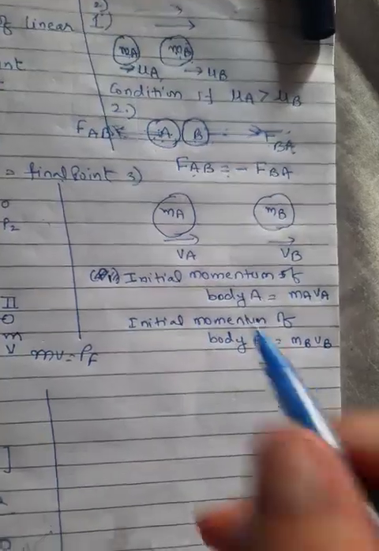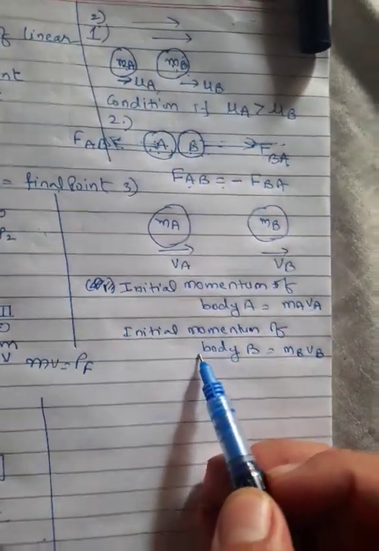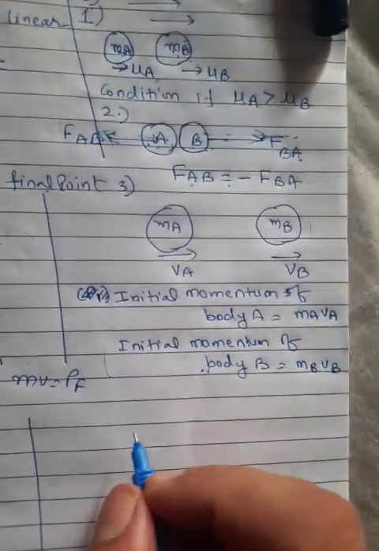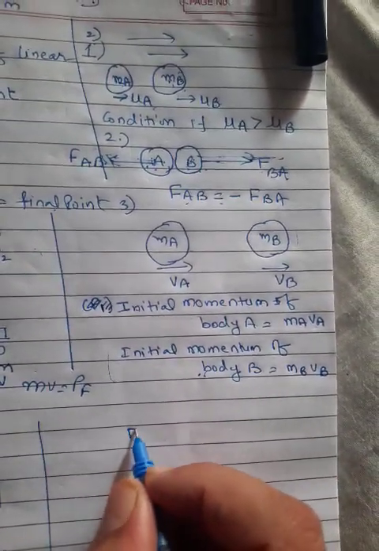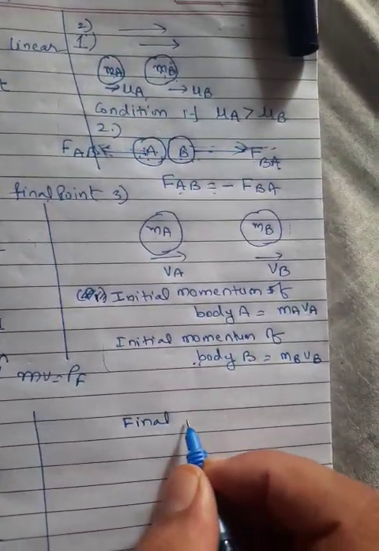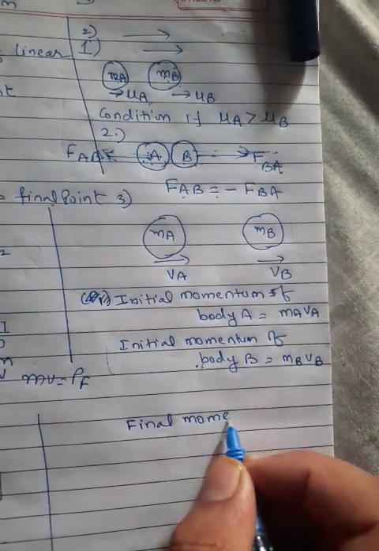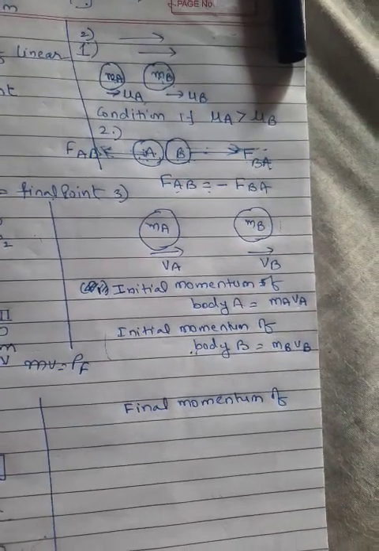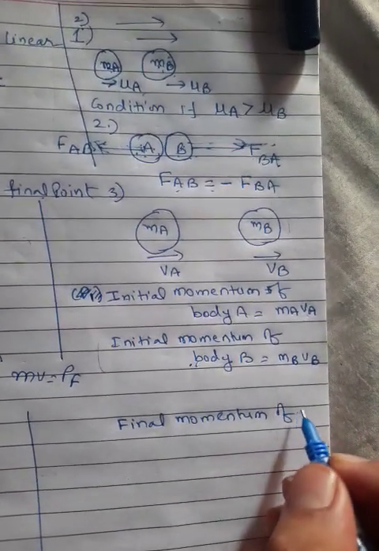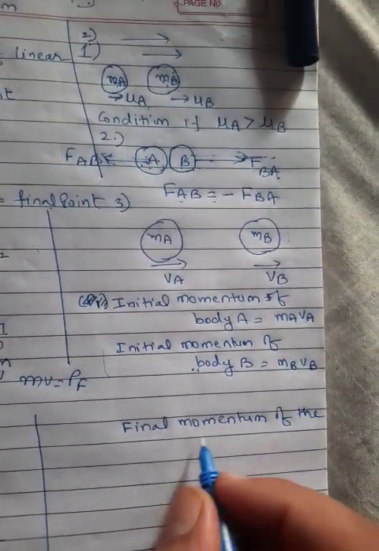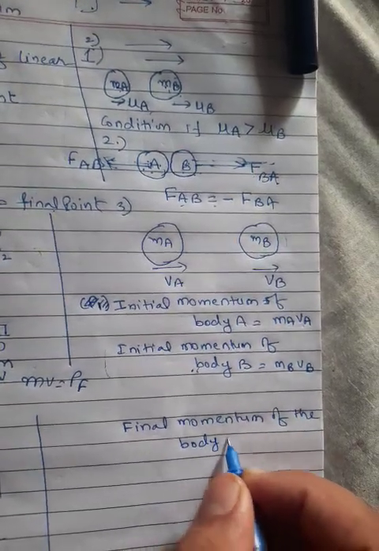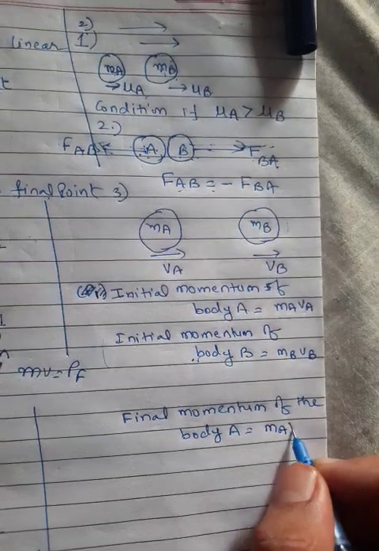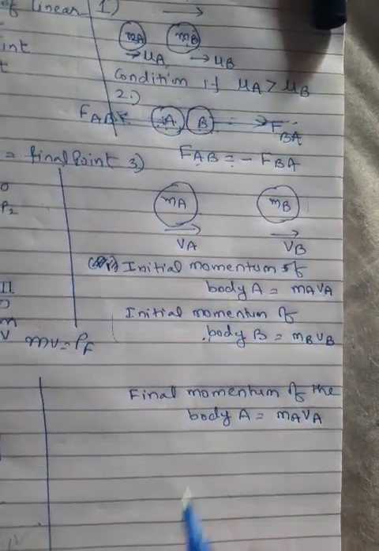Okay, simple one. So this is the initial configuration. Come on to the final step. The final step means what? Final momentum of the body A is MA VA, mass will remain same, V means final velocity.